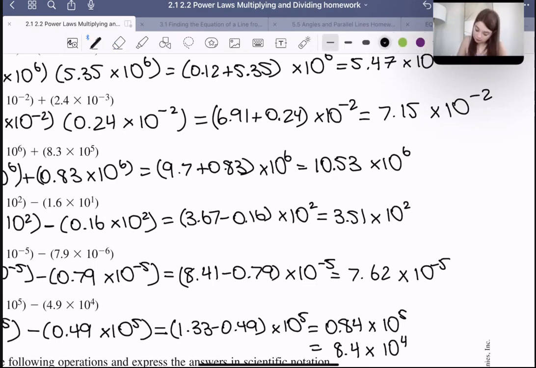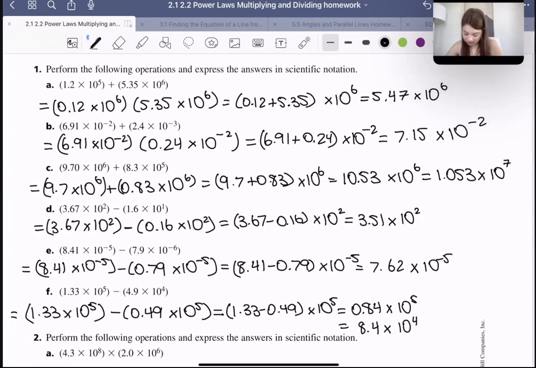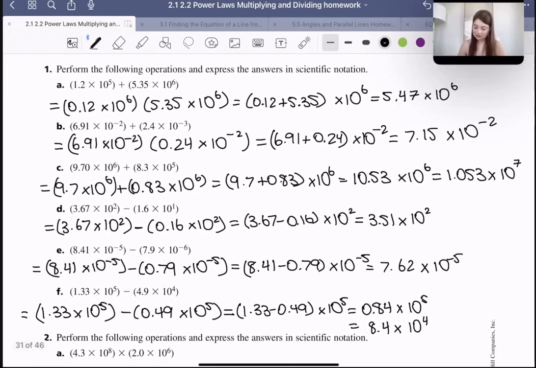So this one we could say is the same as 1.053 times 10 to the power of 7. So always bringing it up to the higher power of the two. Most of the time it's going to automatically give you scientific notation, so that's the way I suggest doing it. But also do check, unlike what I did here where I didn't check, to make sure that your end product is scientific notation as well. Most times it will be, right?